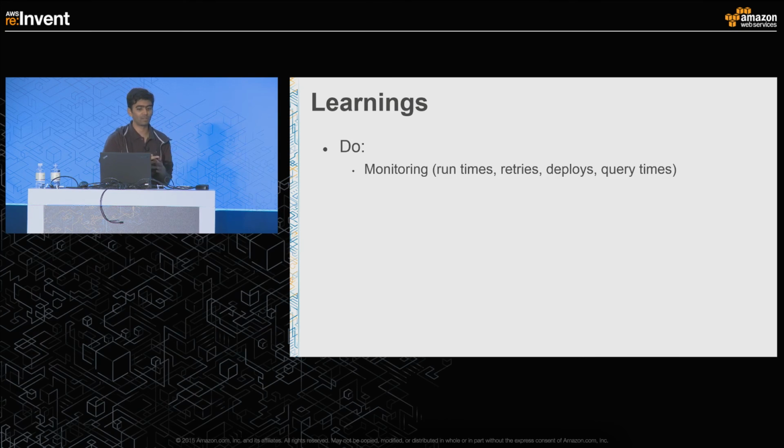There are other things you can monitor, such as the runtime of your pipeline, the number of retries you ran into, and the number of times the pipeline has been deployed, in case you have issues with failures, and then query time. How long does it take to load data back into Redshift? If your time doubles in a single day, you probably want to notice those cases as well.